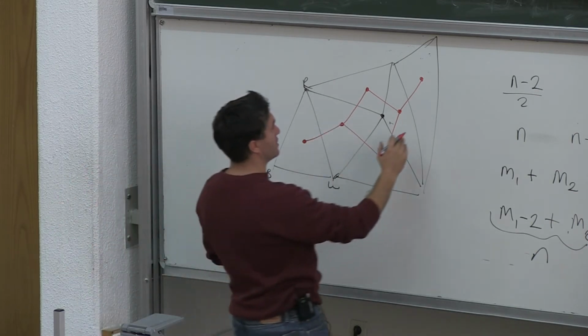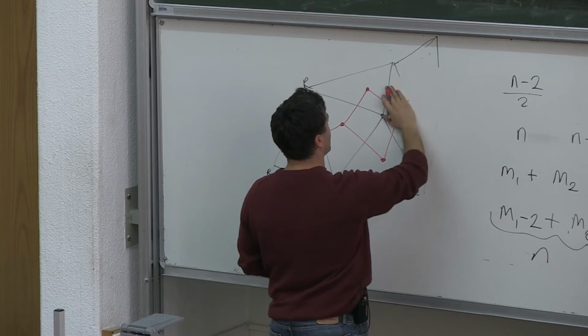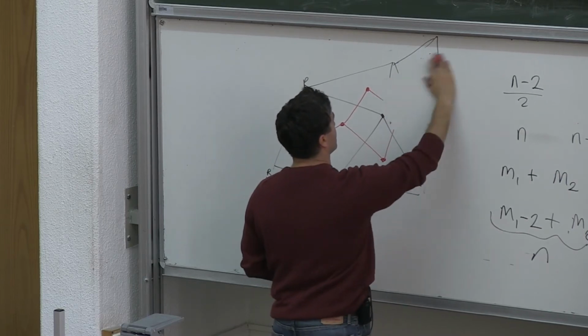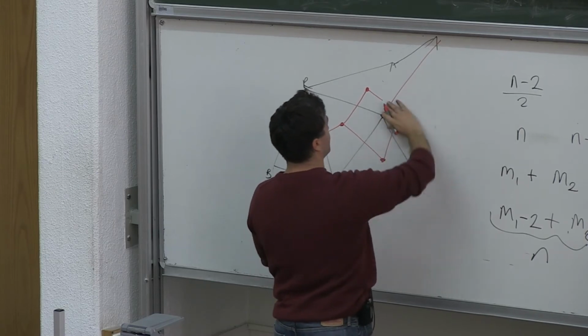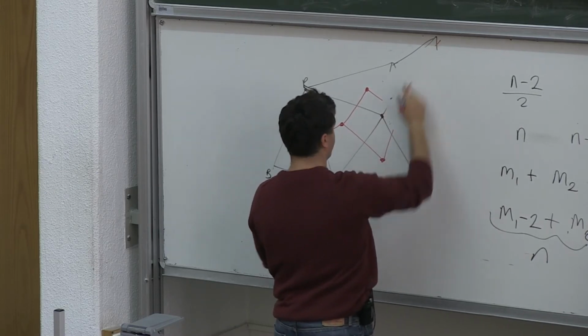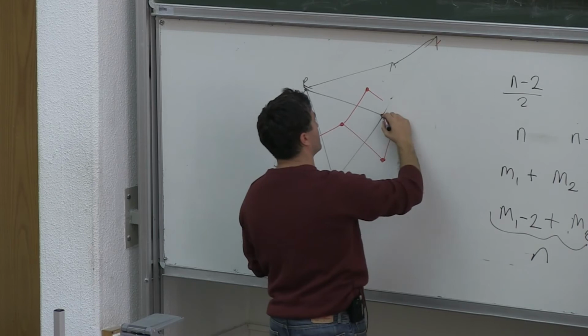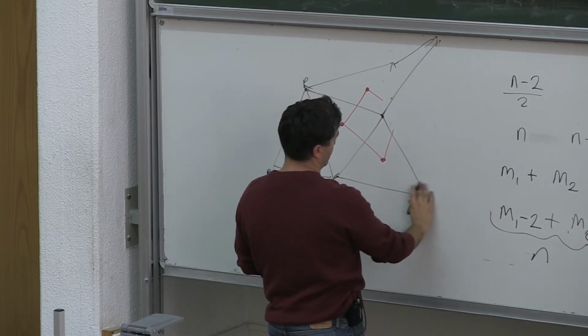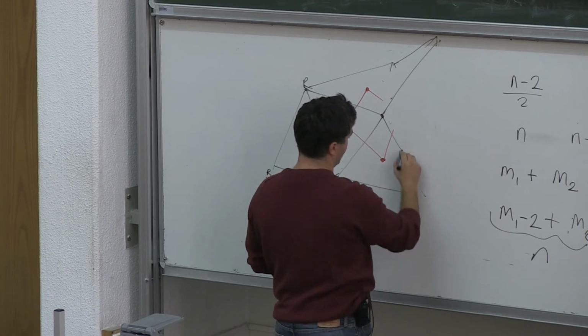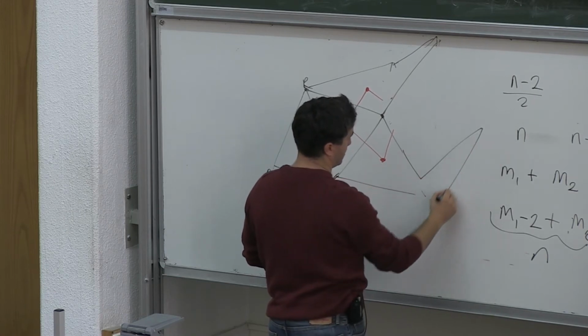So what we can do is change this to something like this. Let's make it a vertex of the polygon. Now it's a vertex of the polygon. And I can even do it something like this.